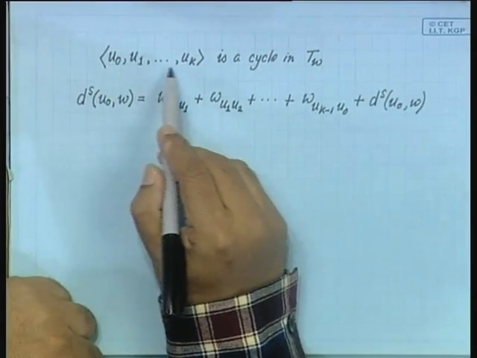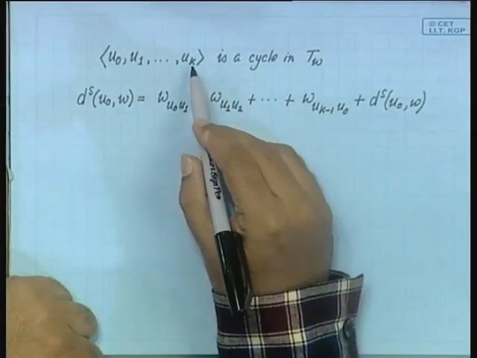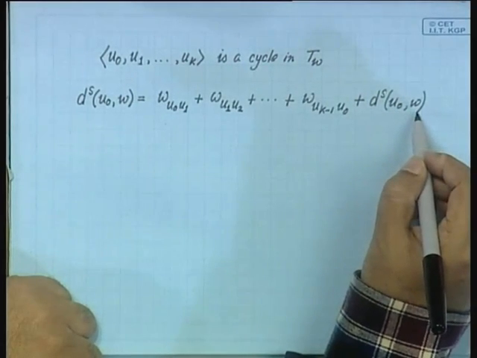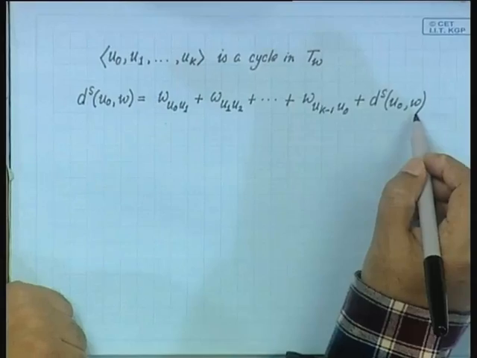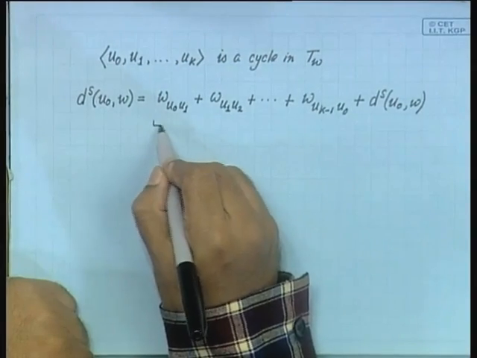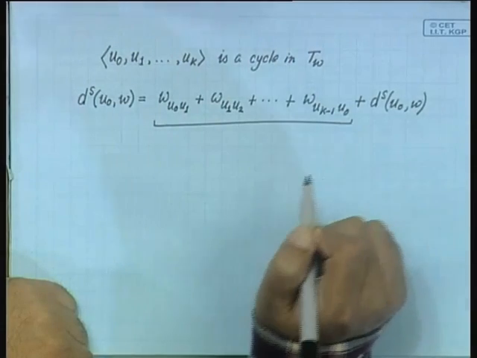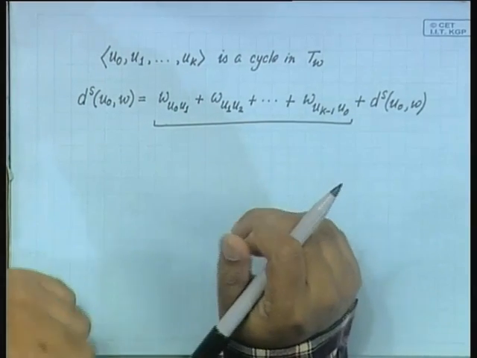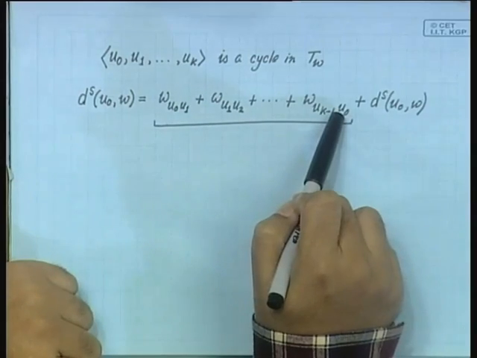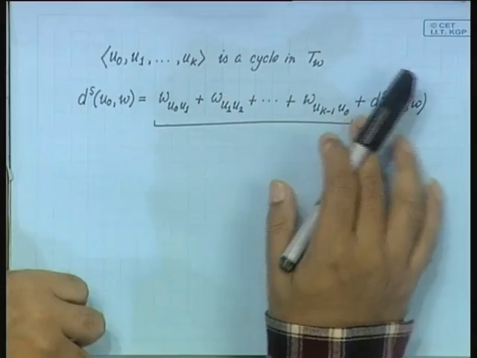Because I traverse this cycle and then I am back in that same node, then I have DS u0 w. Okay. Now, the only way that this can happen is if this quantity is 0, right, but that cannot happen because all the edge costs are positive by your assumption, right, then this sum can never be 0. So, therefore, there can be no cycle, right.